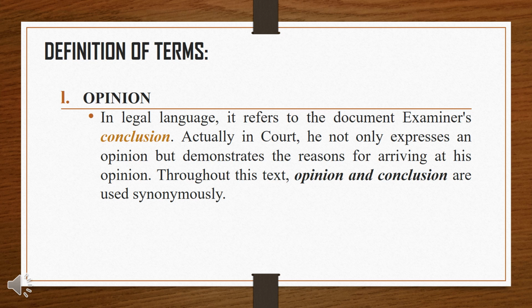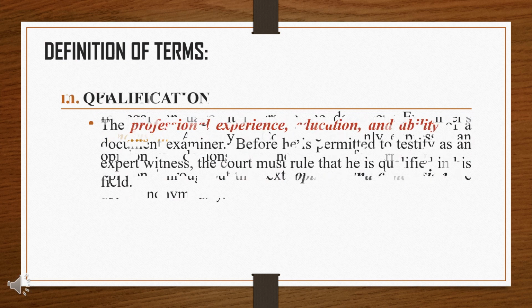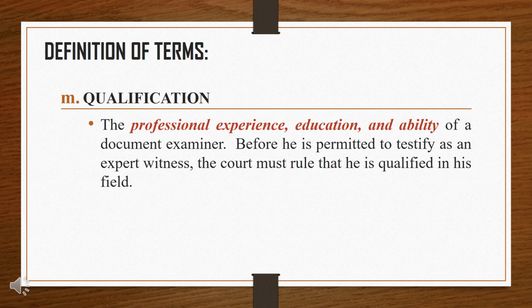Throughout this text, opinion and conclusion are used synonymously. Qualification. The professional experience, education, and ability of a document examiner. Before he is permitted to testify as an expert witness, the court must rule that he is qualified in his field.